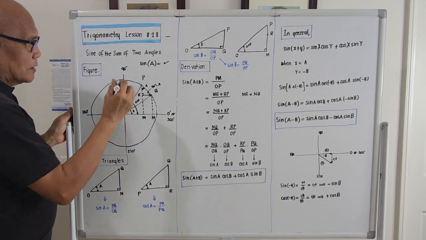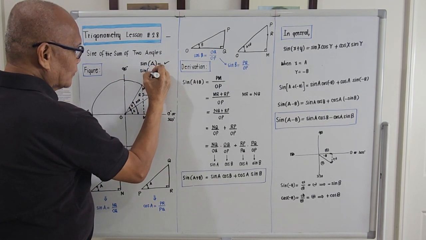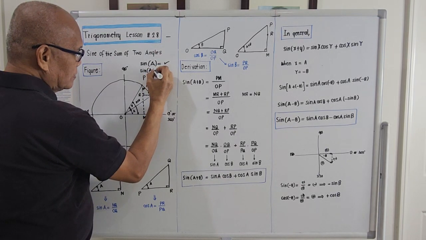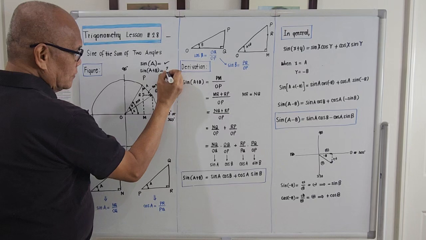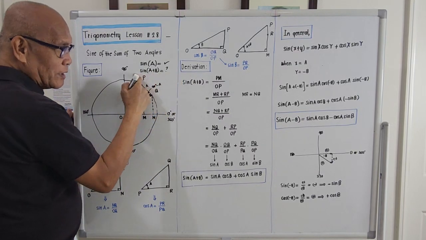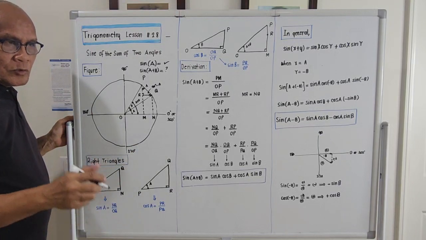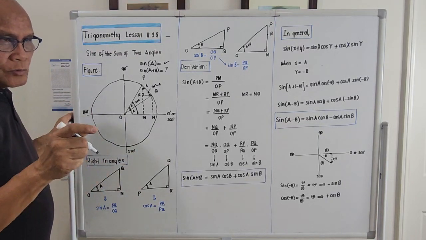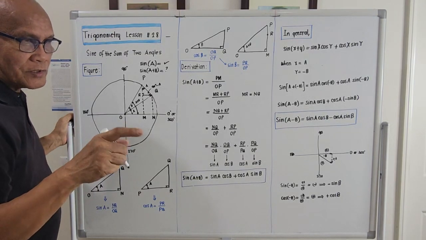But if we are given the sine of the quantity a plus b, that will be another story. And that will be our topic for tonight. So we will be deriving two trigonometric identities used under the study of trigonometry.